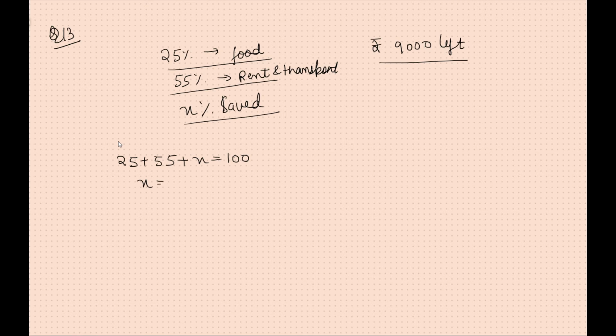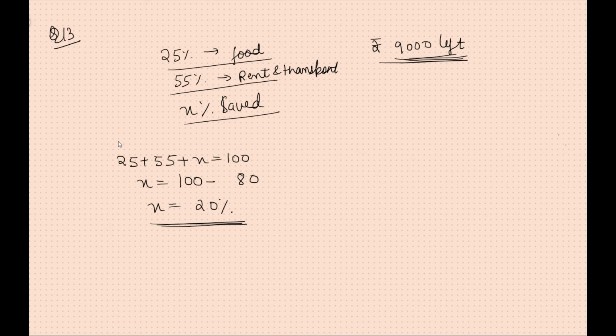So X equals 100 minus 80. So X equals 20%. So the man saved 20% of his salary, that is 9,000 rupees. So we need to find out how much money he had. He saved 20% of salary, which is 9,000 rupees.